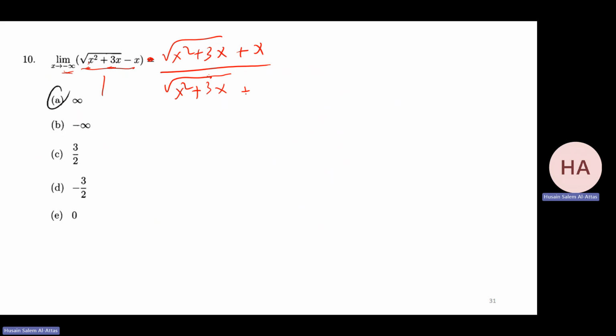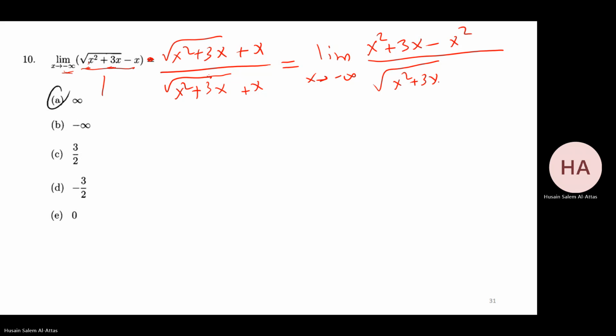Plus 3x plus x. That will be limit, x goes to minus infinity, x squared plus 3x minus x squared over this one. Unless this is cancelled, I have limit x goes to minus infinity.